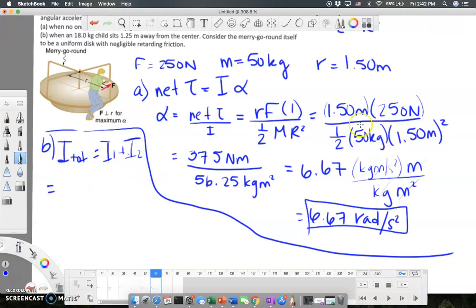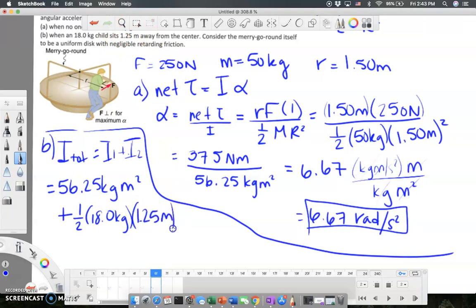So let's go ahead and calculate that. Our first one we knew came out to 56.25 kilogram meters squared. Now we want to add our second inertia, 1/2 times our mass, which is 18 kilograms, and our radius at which that inertia is, which is 1.25 meters squared.